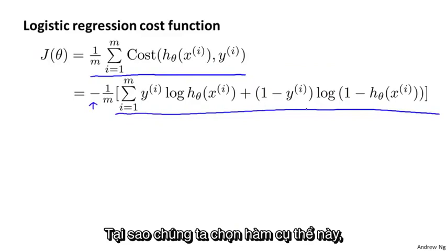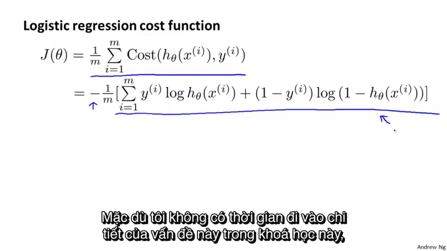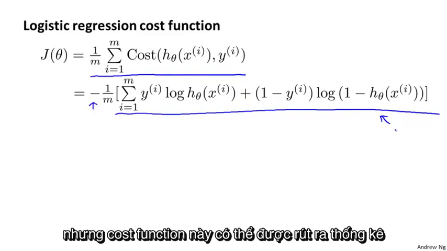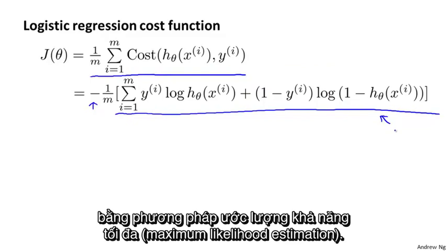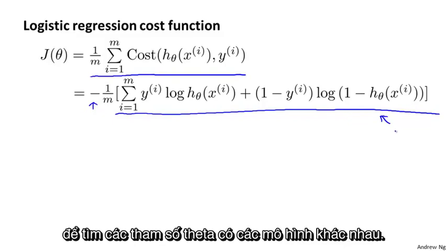And why did we choose this particular function? Well, it looks like there could be other cost functions we could have chosen. Although I won't have time to go into great detail on this in this course, this cost function can be derived from statistics using the principle of maximum likelihood estimation, which is an idea in statistics for how to efficiently find parameters theta for different models.